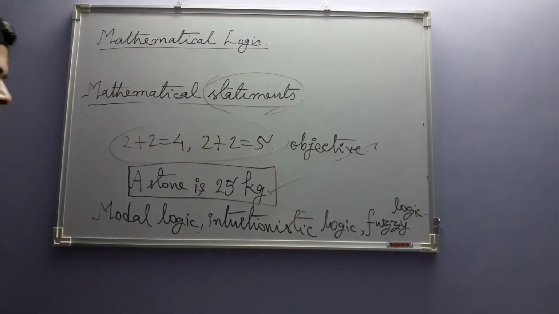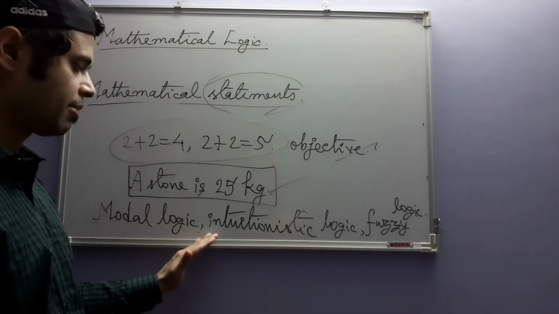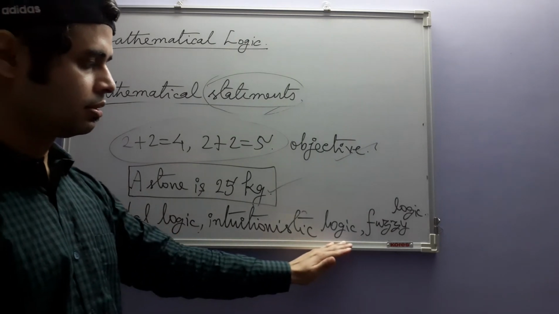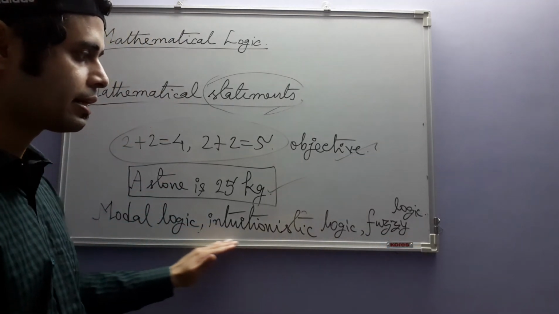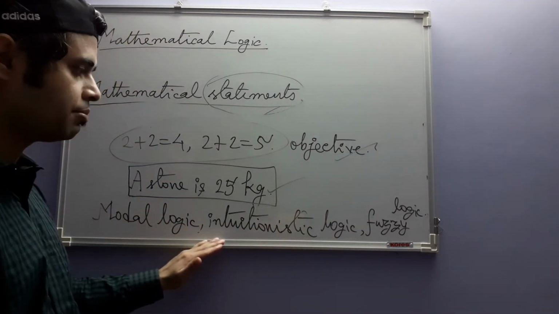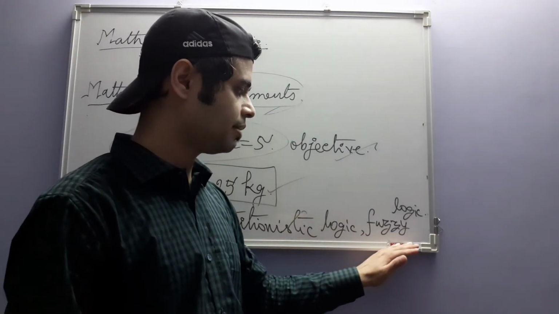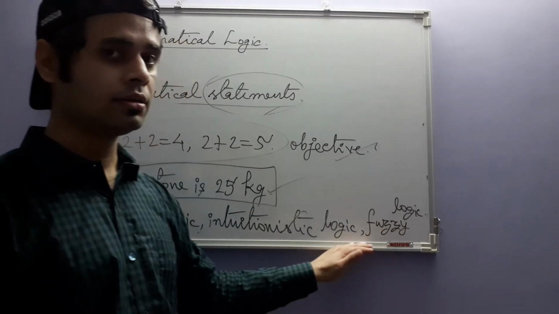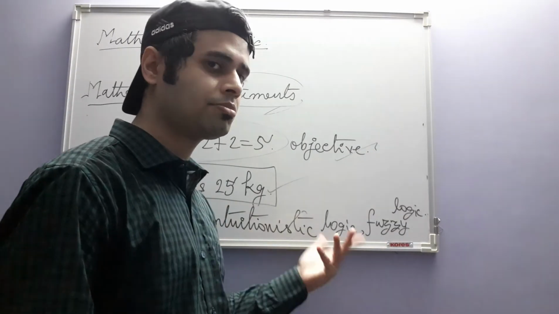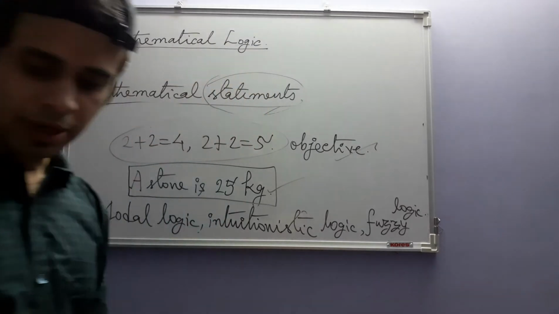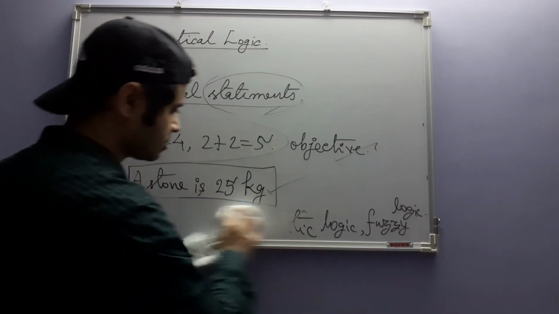So there are some parts of logic where mathematical logic has been used in situations which are not exactly mathematical. Now these are well beyond the scope of our discussion. If the time is right, we will try to see at least what they are at some point in future. But right now, they are outside of our scope.